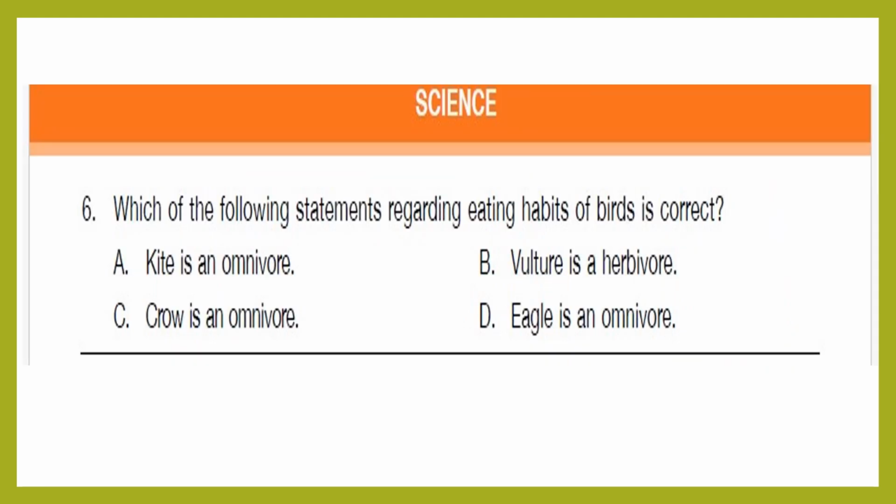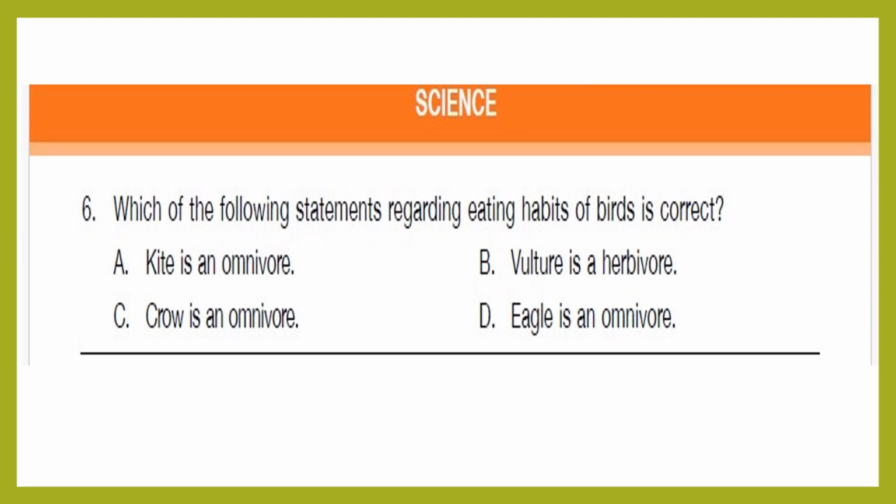Science. Question number 6. Which of the following statements regarding eating habits of birds is correct? Option A. Kite is omnivore. B. Vulture is herbivore. C. Crow is an omnivore. D. Eagle is an omnivore.